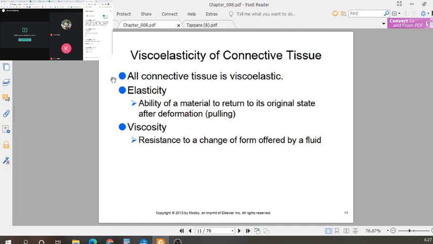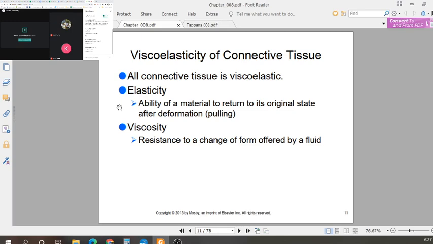And elasticity is the ability to go back to the shape that it was before you mess with it. So we stretch something, we lengthen it out, but it can go back. So that's what elasticity means. It's going to try to fight you from dislocating it, changing its shape.